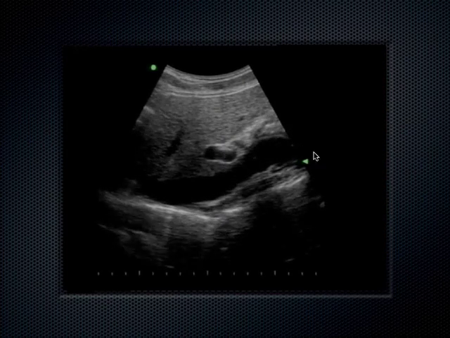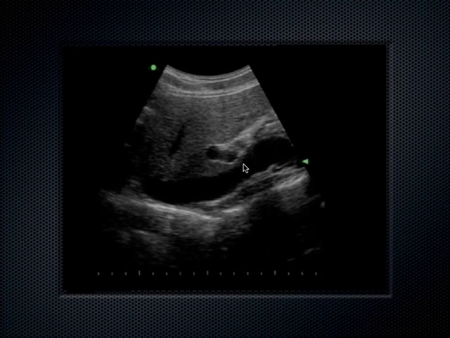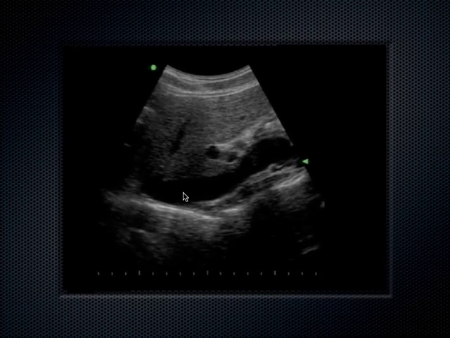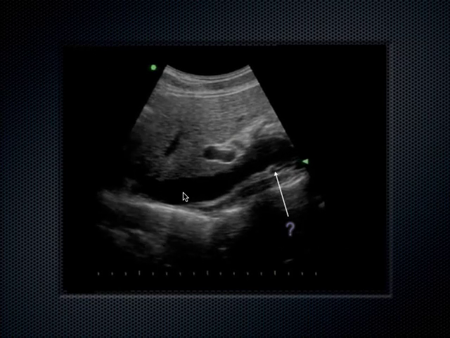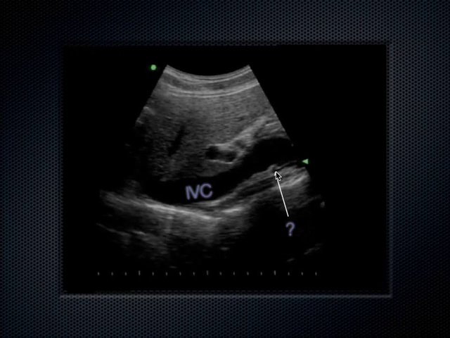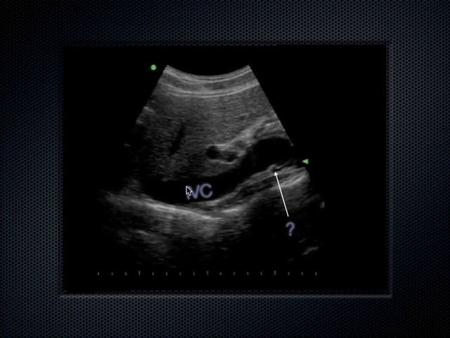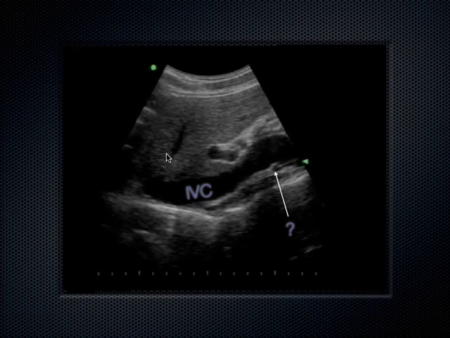Okay, so what blood vessel is this? IVC. The reason I ask that is because I want you to try to figure out what this little vessel is right here. By the way, how do I know that's the IVC, not the aorta? Because I see all this liver here, okay?